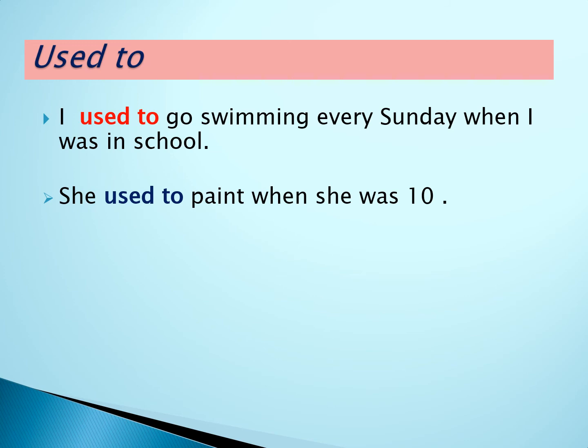That means she stopped painting. Next one. Ramara used to play chess. That was his past habit. He stopped playing chess now. So to talk about past habits, we can use used to.